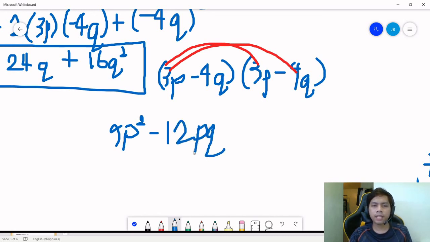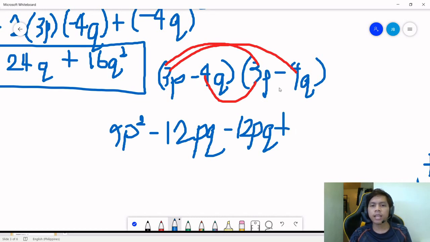Alphabetical po yung pag-arrange natin ng variables. Then, this one. So, negative 4q times 3p, that's still negative 12pq. So, hindi po siya mawawala yung 12pq. Magiging negative 12pq minus 12pq, magiging 24 yan siya mamaya. And then, plus.